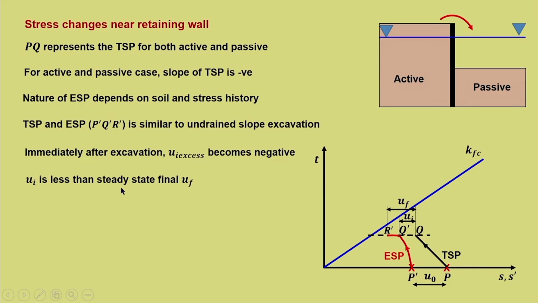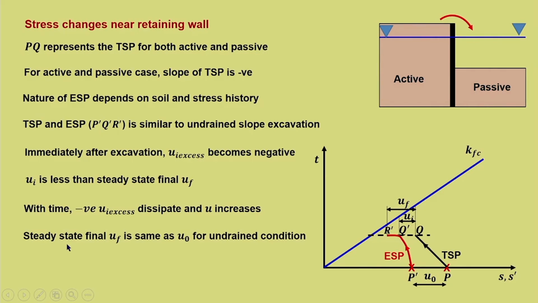So, UI is less than steady state final UF. Here you can see that. Why UF is becoming more than UI? Because initially the excess pore water pressure was negative, and that will dissipate, and in the process pore water pressure has to increase from the initial UI value. With time the negative excess pore water pressure dissipates, and that is why U has to increase from the value of UI to a given value.